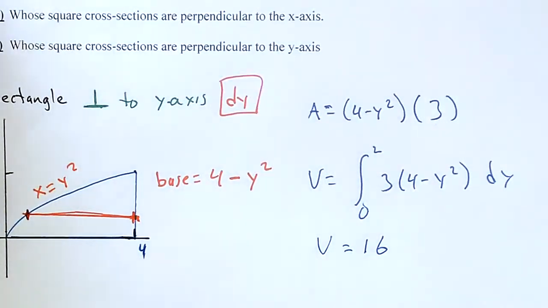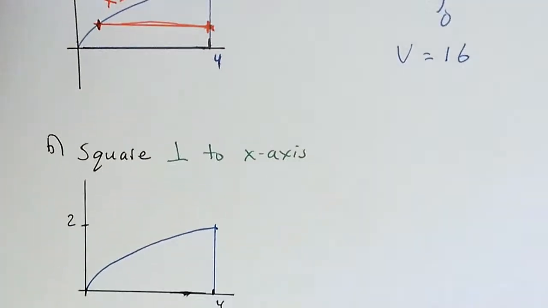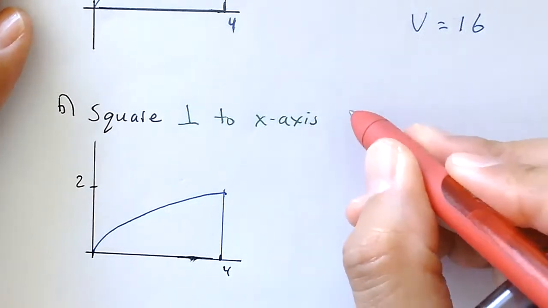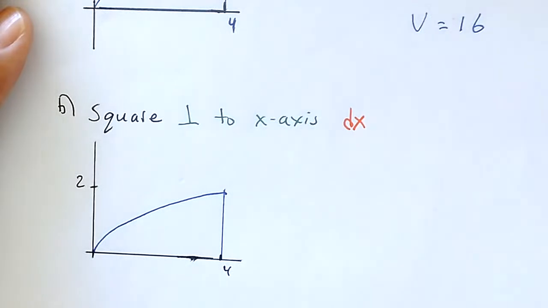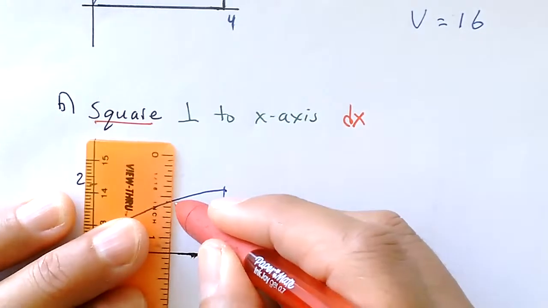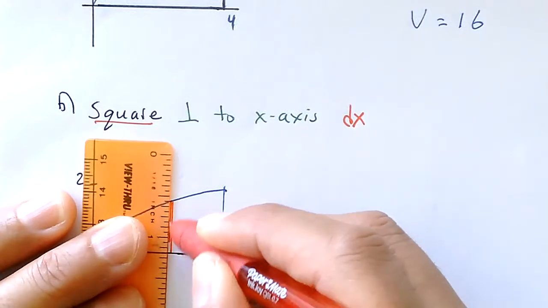Part B. It's the same object, same shape. Now we have perpendicular to the x-axis, which means that I will be in dx, and it should be a square. So perpendicular to the x-axis goes this way, and this is the base that I'm going to have.